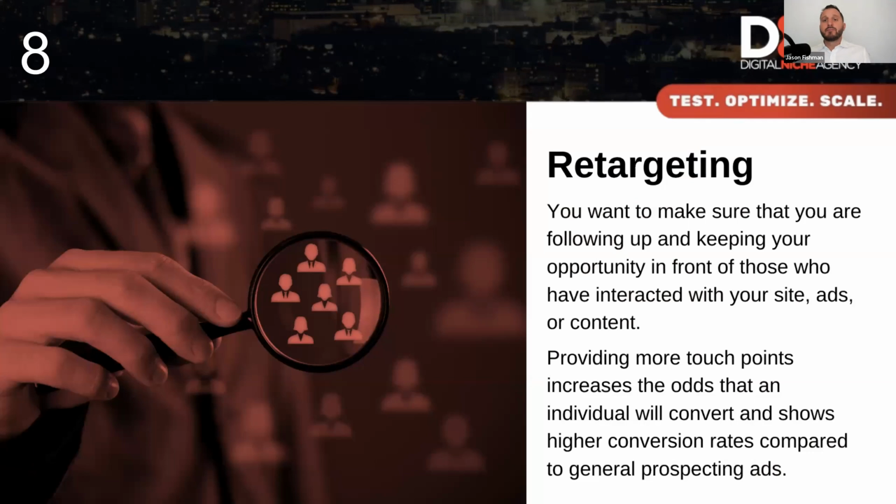Moving to retargeting. You want to make sure that you're following up and keeping your opportunity in front of those who've been to your site, your ads, your funnel. We like doing page engagement audiences going back 365 days. In addition to the pixel targeting, that page engagement will allow you to reach anyone who's clicked on an ad, posts, follows your page.